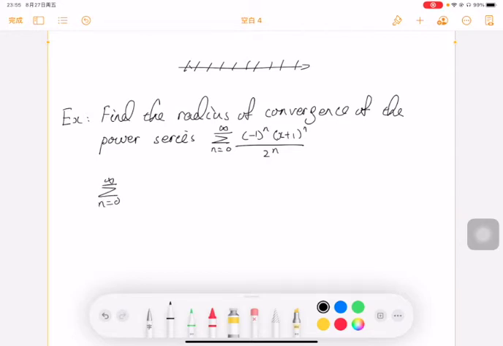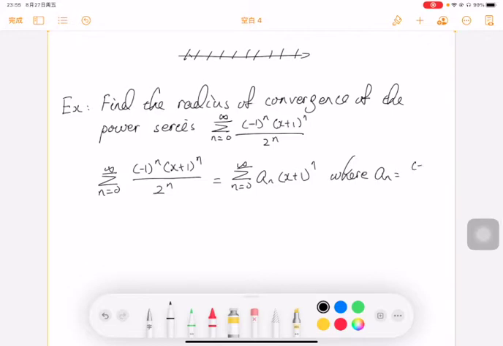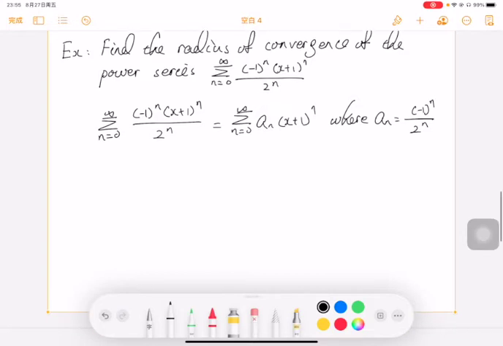We can write this as a_n times (x plus 1)^n, where a_n equals (-1)^n divided by 2^n. This is just so that we can write this out more succinctly, because you don't want to repetitively write this fraction every step of the way.